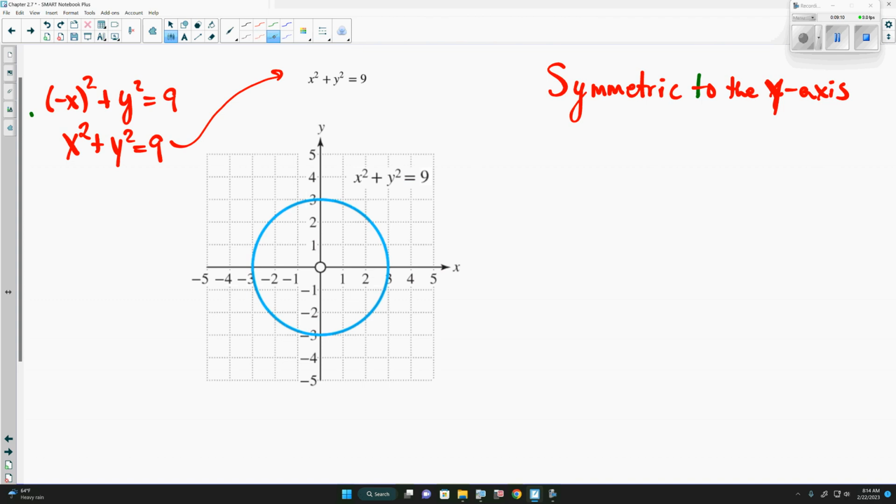So we can say it's symmetric to the y-axis. Would we agree with that there? Yeah. Now we can also test for the x-axis. When we test the x-axis, we replace y with negative y and do the exact same thing. We simplify it. Well, negative y squared is going to become y squared.